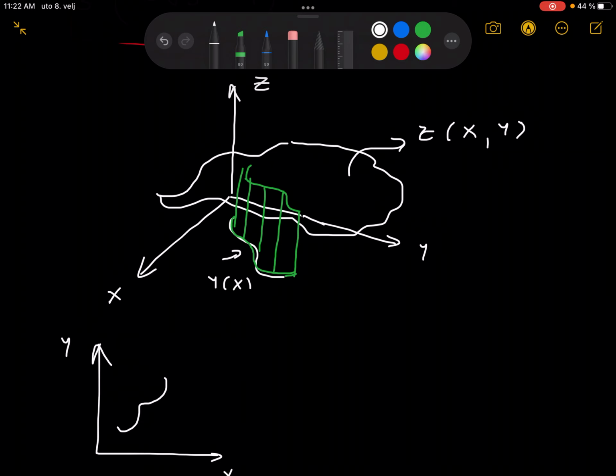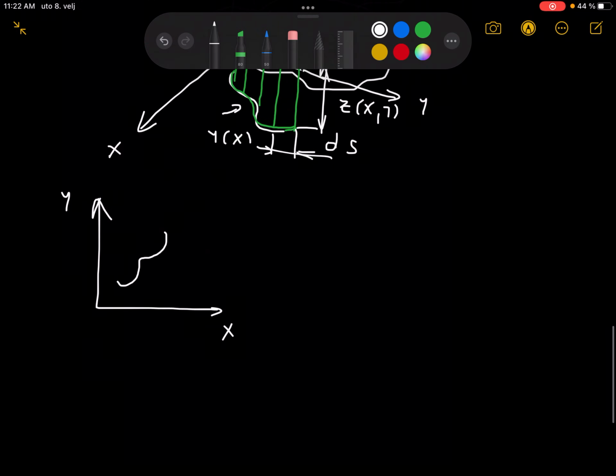Well, as I drew it right here, we're going to split it into a lot of these small parts which have the size ds, that's their width, and which have the height of z of x and y at that place.